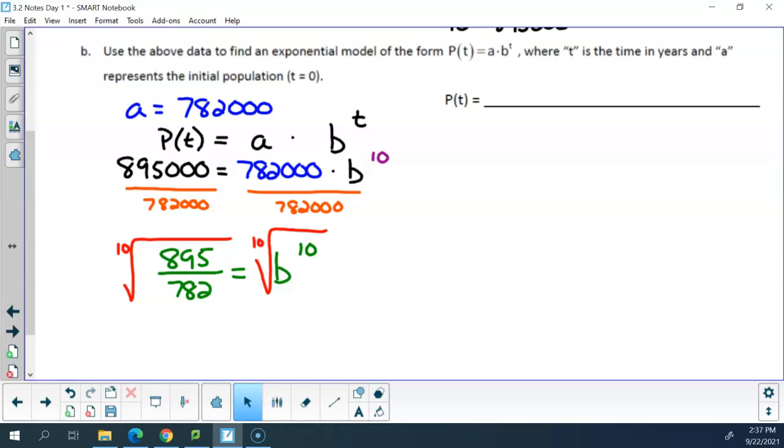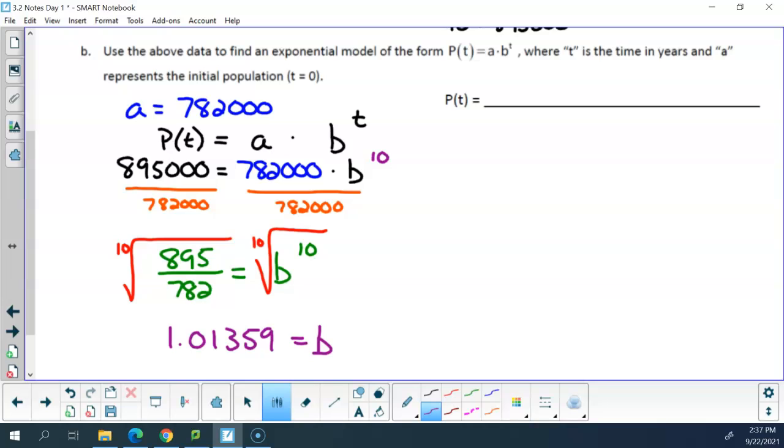The tenth root of 895 divided by 782 is approximately... more decimal points is better, if we're not going to leave it exact.